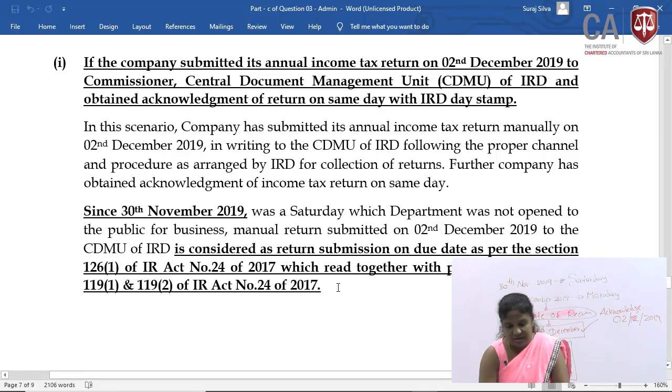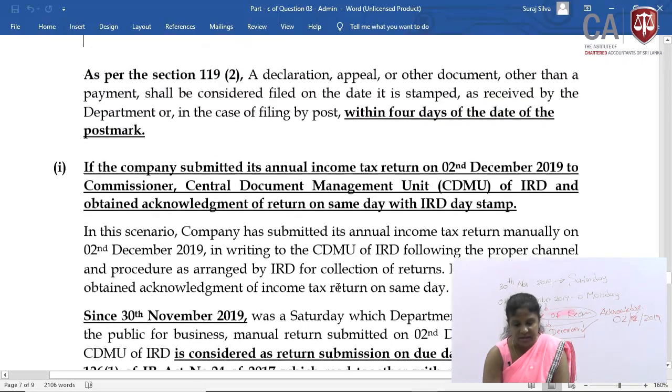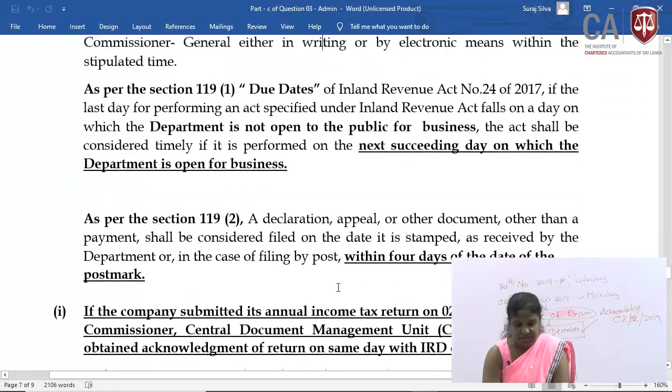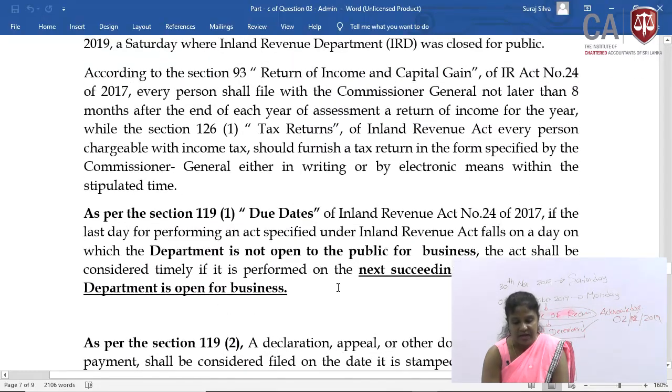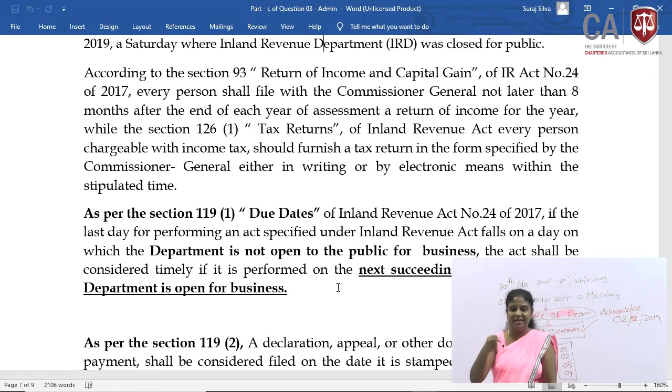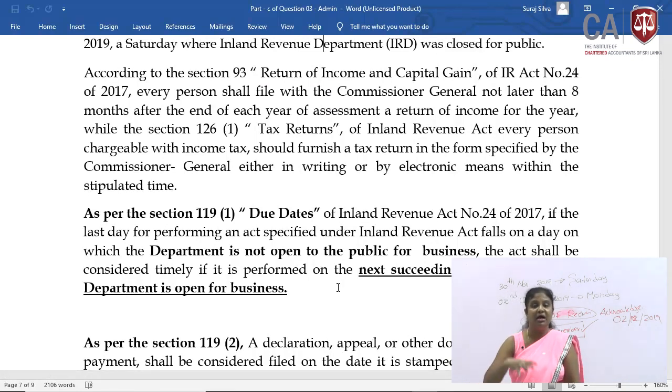Now what I have done in my answer, first I have explained the theoretical provisions: section 119(1) and 119(2), section 93 and 126. After that, since the questions are tested on the same provision, I am not repeating the theoretical part in each answer point.